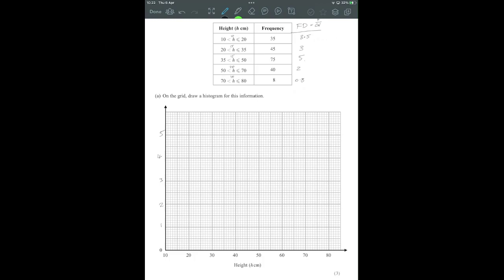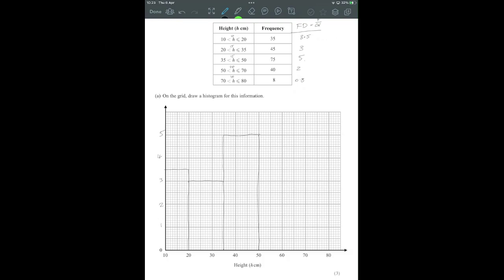So between 10 and 20, I have a box of height 3.5. And with a ruler and pencil in your real paper, you'll be able to draw this a lot neater than I can. Between 20 and 35, I've got a height of 3. Height of 5, between 35 and 50.